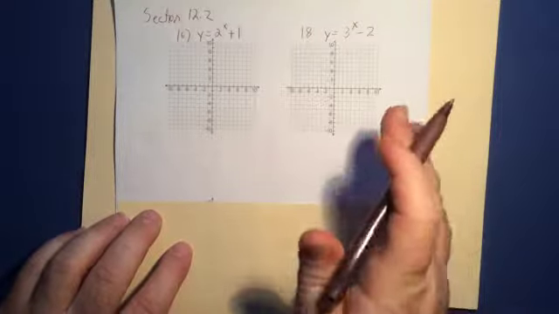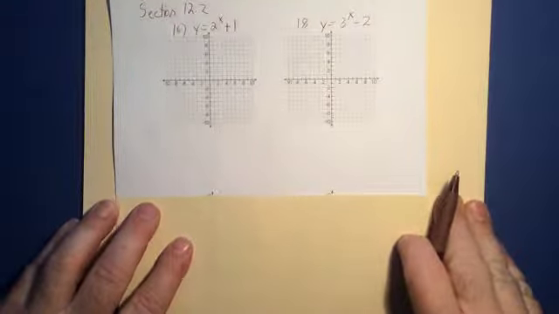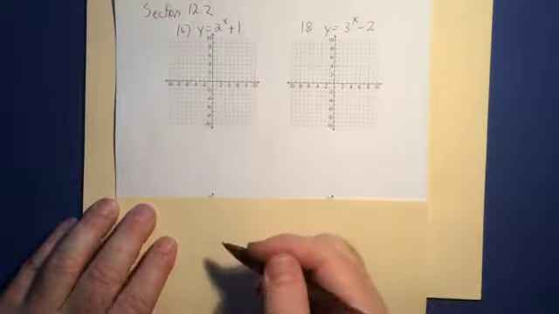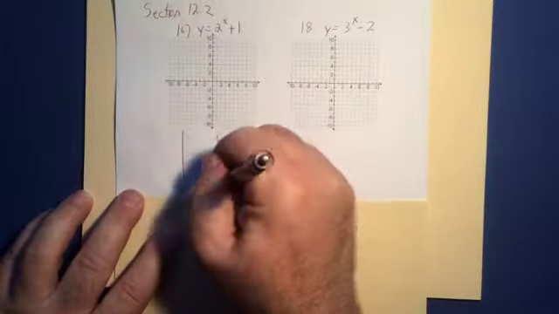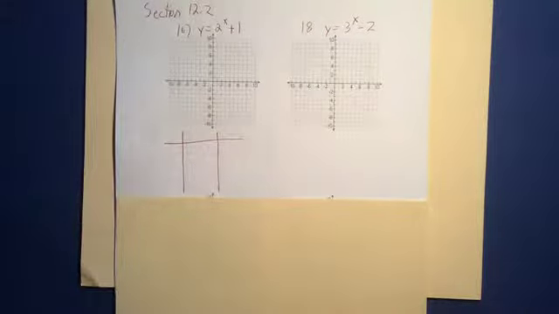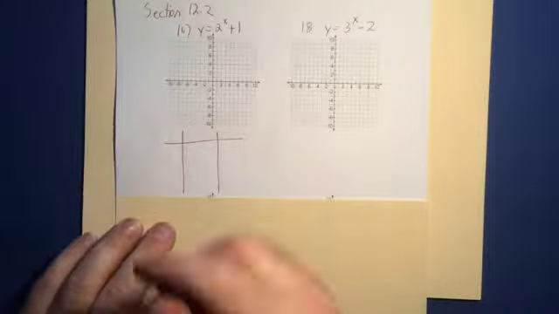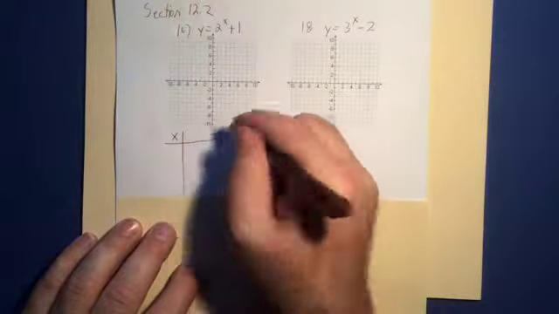So again, here we're going to create a table of values that's going to be graphable. I'm going to go ahead and just do that down here. Remember, for your homework, you need to write the function, give me a graphable table of values, and then make a graph. So this is going to be x, this is going to be y.